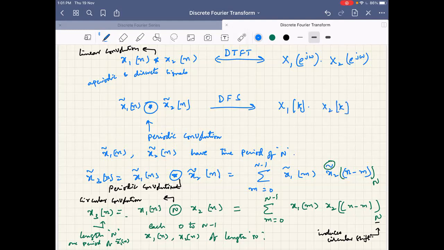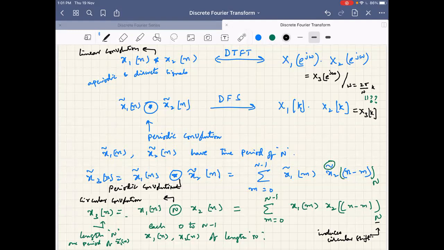The question here is, if I directly sample this, so let this be equal to x3 of e power j omega, and if I directly sample this, omega equal to 2 pi by n into k, do I get x3 of k, which can be defined as x1 of k into x2 of k? Will these two be the same? That is one question.